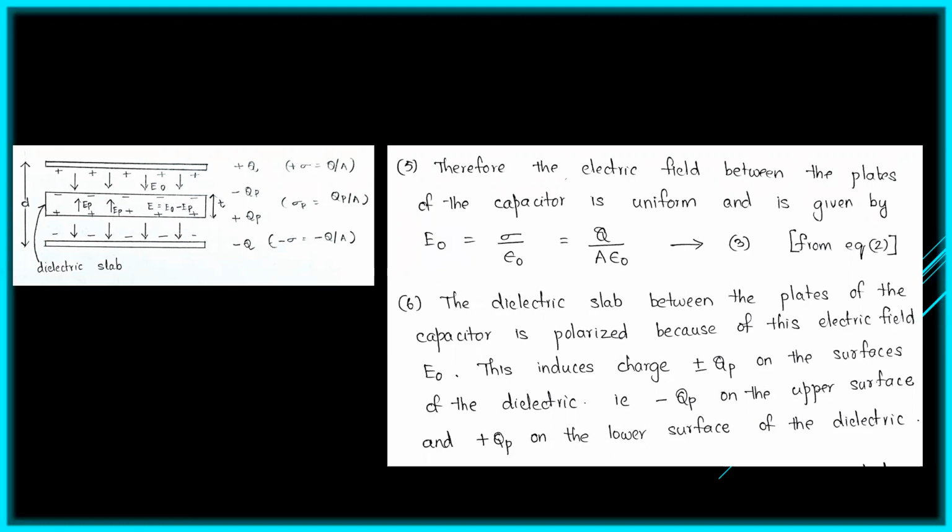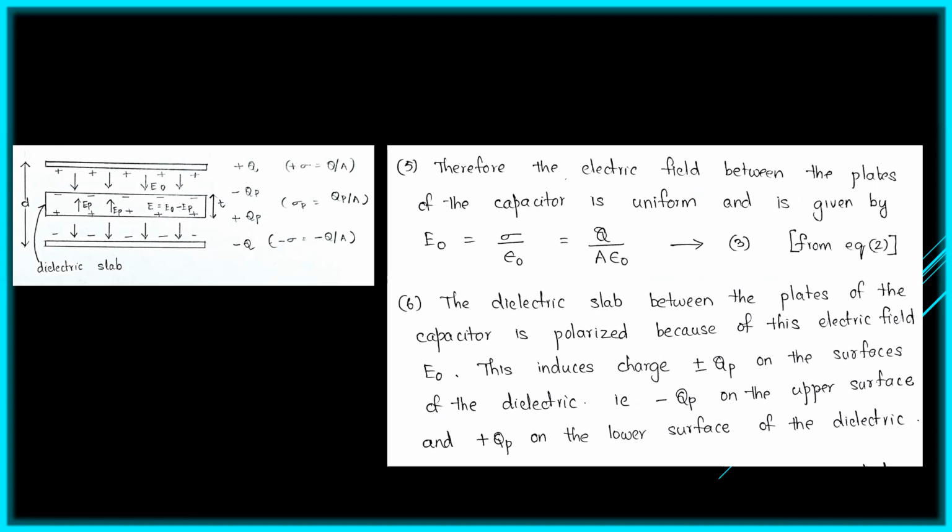Therefore, the electric field E naught between the plates of the capacitor is sigma by epsilon naught. But we know sigma is equal to Q by A. Therefore, E naught is equal to Q by A epsilon naught. Let it be equation number 3.